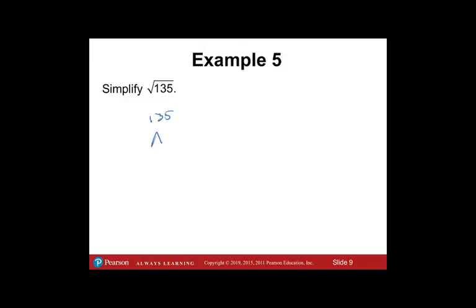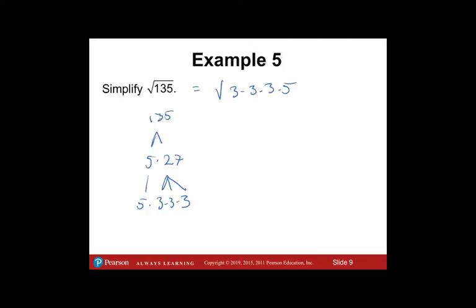So I do see that it's divisible by 5, so it's going to be 5 times, let me see, that's a 27, right? But then 27 is what? 3 times 3 times 3. All right, 9 times 3, okay. So then this 135 is going to be the square root of 3 times 3 times 3 times 5, right?